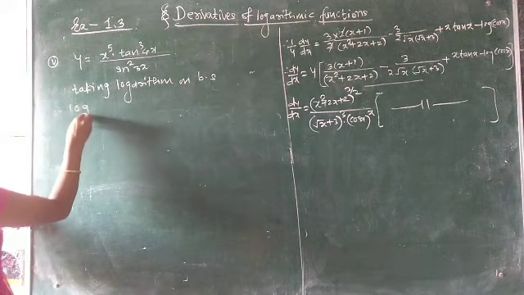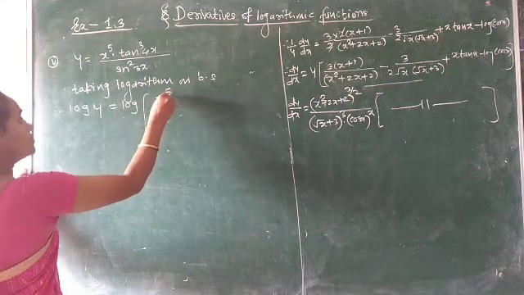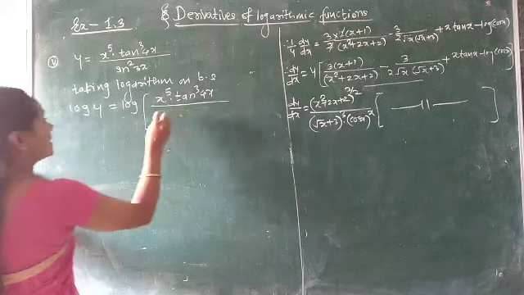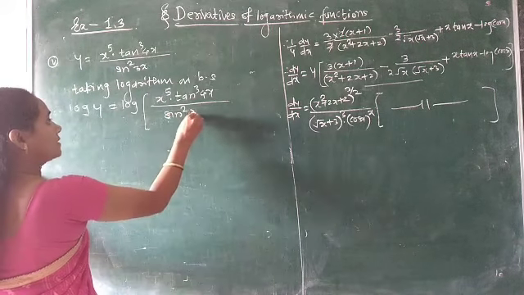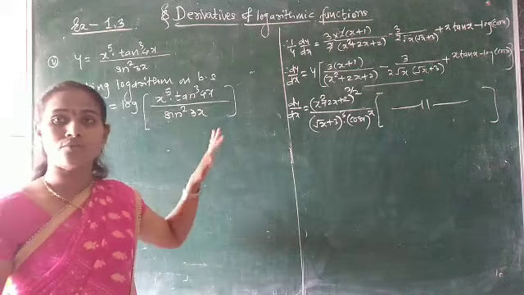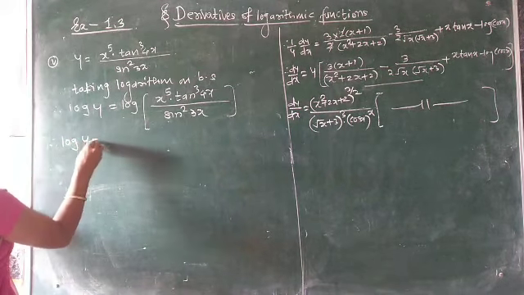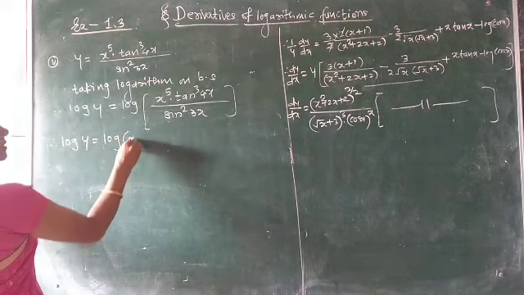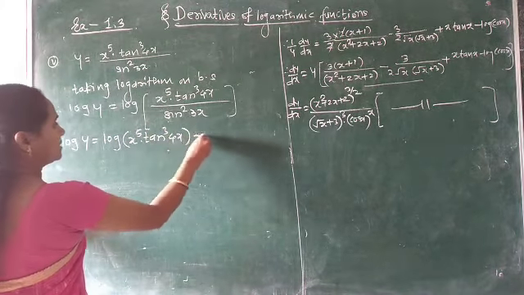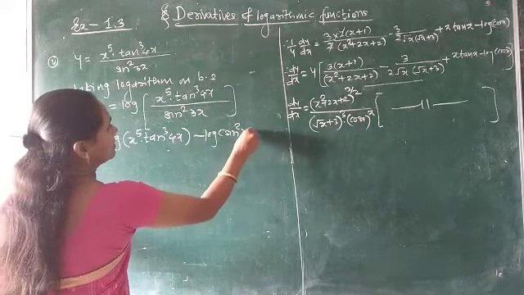Therefore, we get log y is equal to log of x raised to 5 into tan cube of 4x divided by sine square 3x. Now, this is in the form of log of m upon n. Log y is equal to log of x raised to 5 into tan cube 4x minus log of sine square 3x.